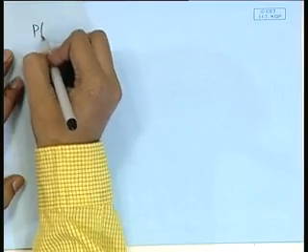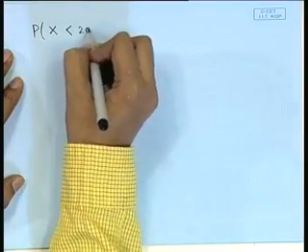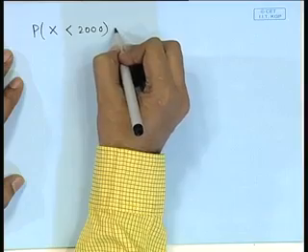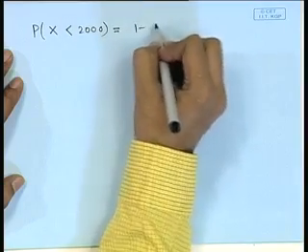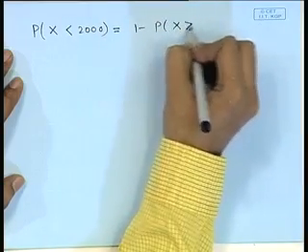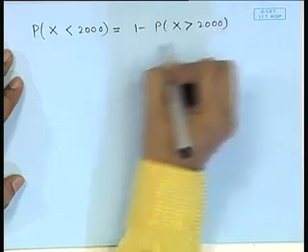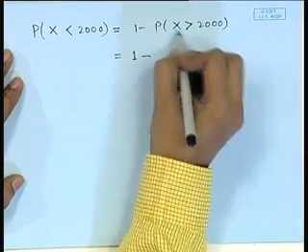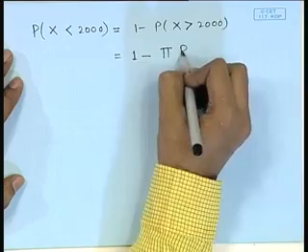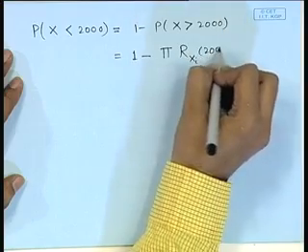Now, the next part of it is, what is the probability that the system fails before time 2000 hours. That means, what is the probability that x is less than 2000. Now, this can be written as 1 minus the probability that x is working at 2000 hours. Once again it is the product of the reliabilities at 2000 hours.